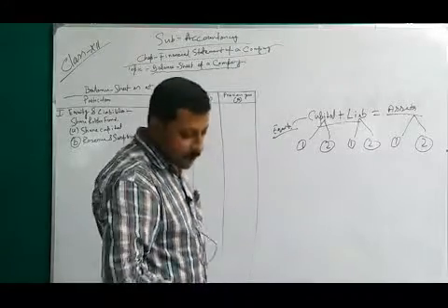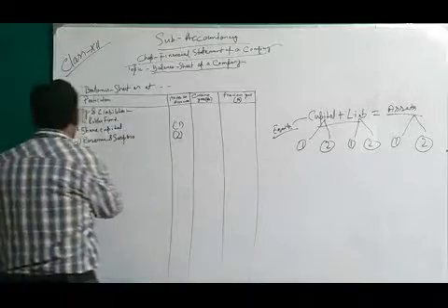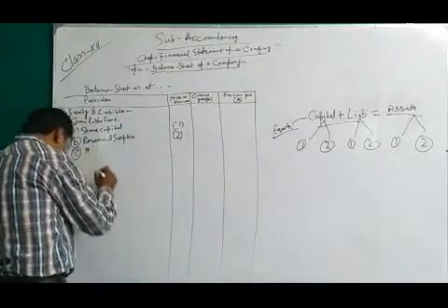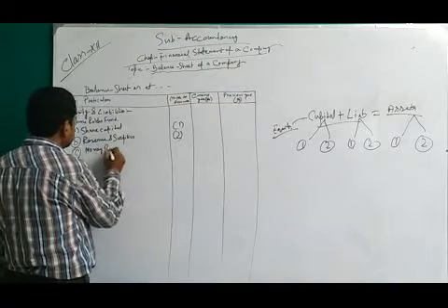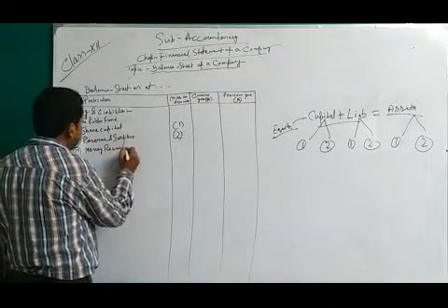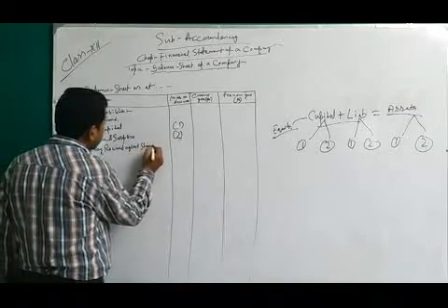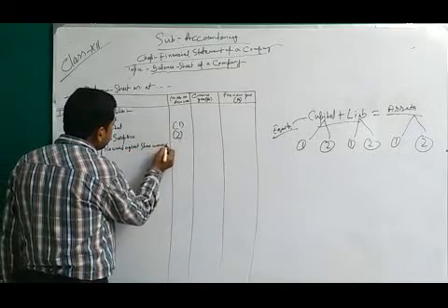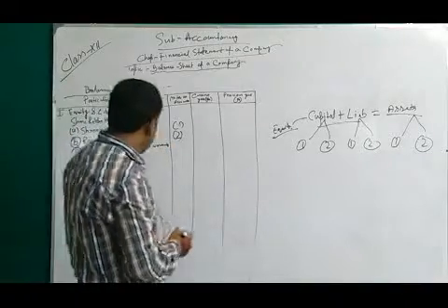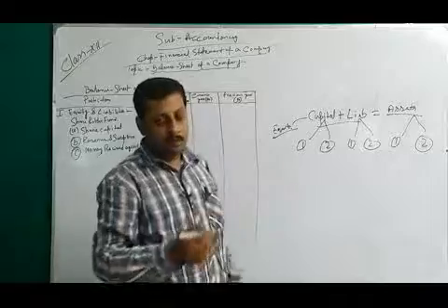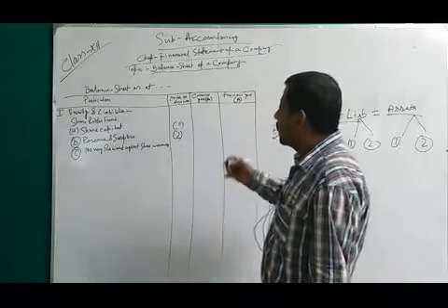Third is money received against share warrant. Sometimes a shareholder's share capital can be in the form of share warrants.